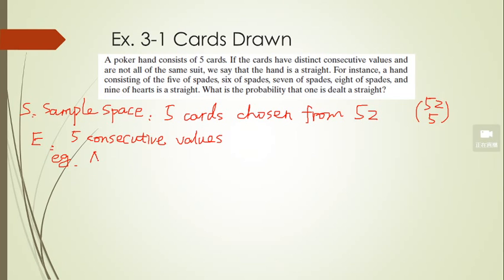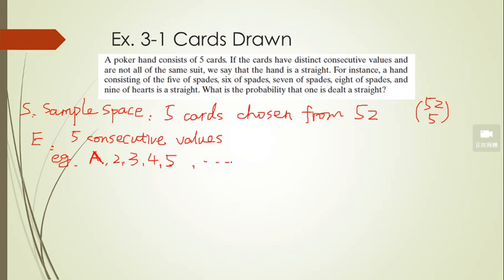So you can have Ace, 2, 3, 4, 5. Here they take the Ace as 1. You can have this one, and then from here you can have 2, 3, 4, 5, 6, or 3, 4, 5, 6, 7, like that, right?